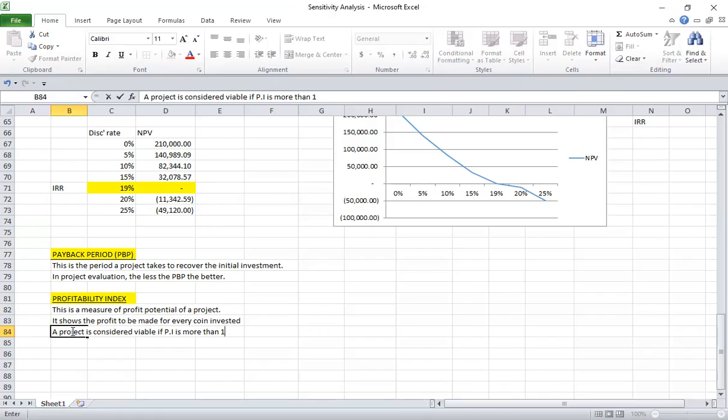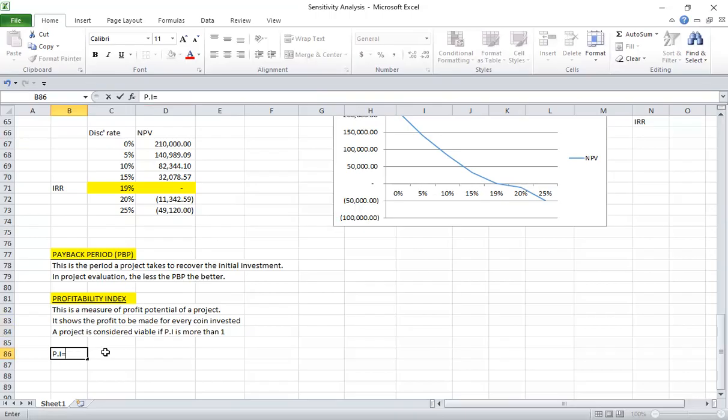So a project is normally considered viable if the profitability index is actually more than 1. The profitability index is normally computed as what?